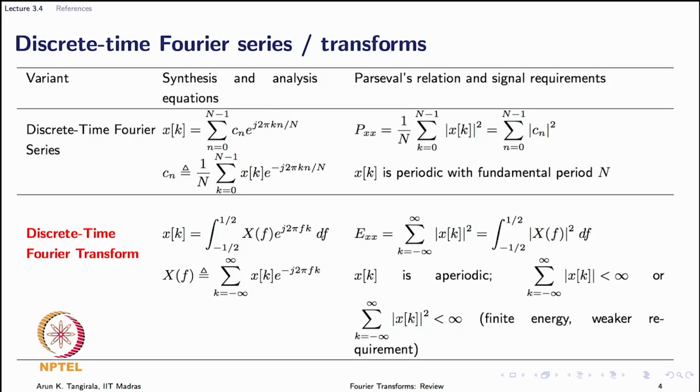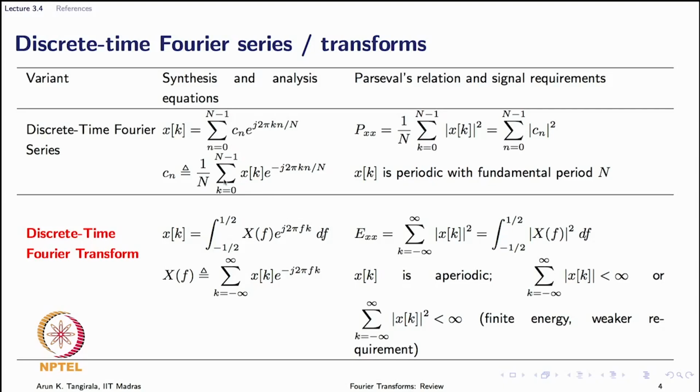So, a recap and a comparison with the discrete time Fourier series case. This is pretty much similar to what we saw for the continuous time case. The periodic signal had a summation in the synthesis equation, whereas now we have an integral in the aperiodic case, and just to reiterate, the integral is now limited to minus half to half. That is because of the behavior of the discrete time complex exponentials.